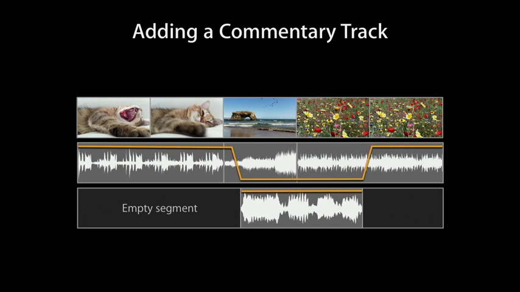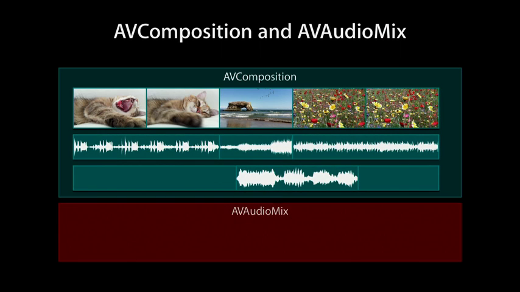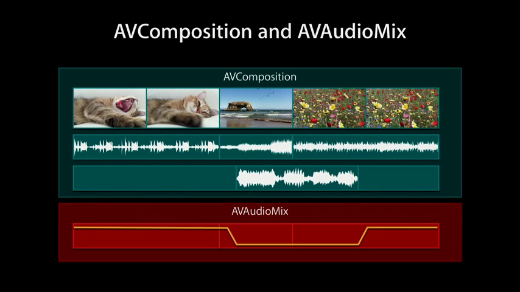We will find that the only part of this that needs to be described is denoted by the part I've highlighted in red. That is, we only need to describe when the audio level changes. Looking at this as objects, we have an AV composition that includes the video and audio tracks from an asset, plus the commentary track that comes from another asset.